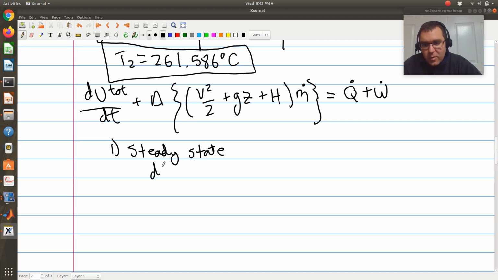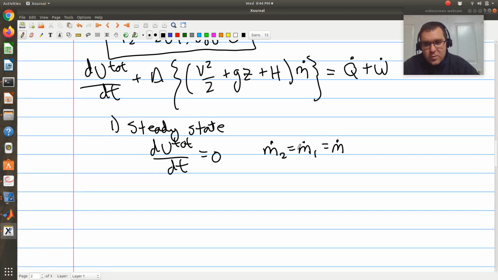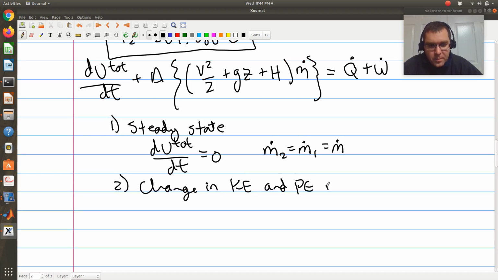That means dU total/dt is equal to 0, and my mass flow rate is constant, so m2 is equal to m1, just m dot. Next, I'm going to assume that my change in kinetic and potential energy is negligible.